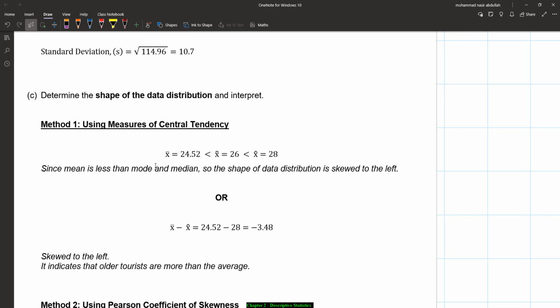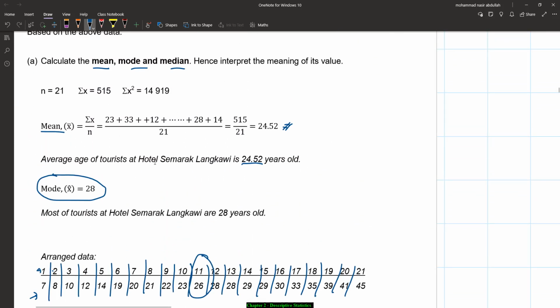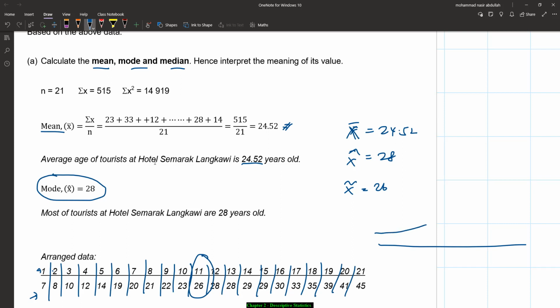If you look at the data, the result that we already calculate, mean is equal to 24.52, mode is equal to 28, and median is equal to 26. So if you tabulate, right, we can see that the mode is larger than mean.